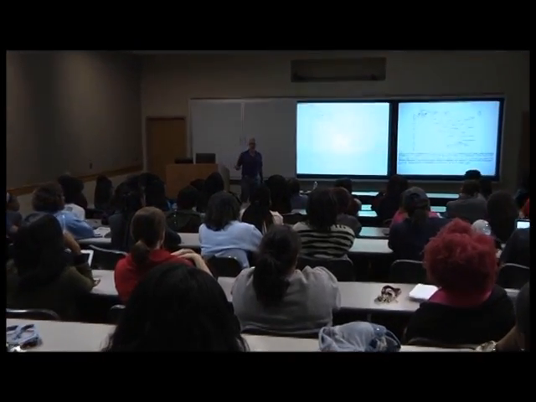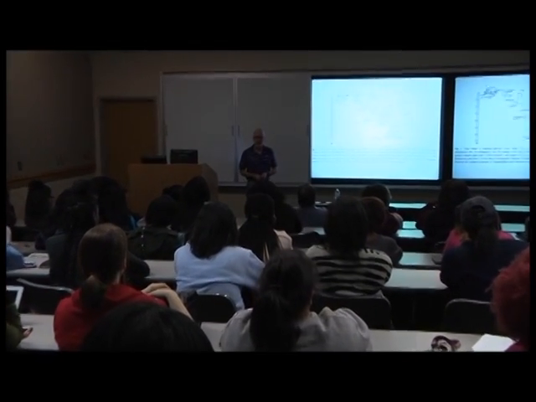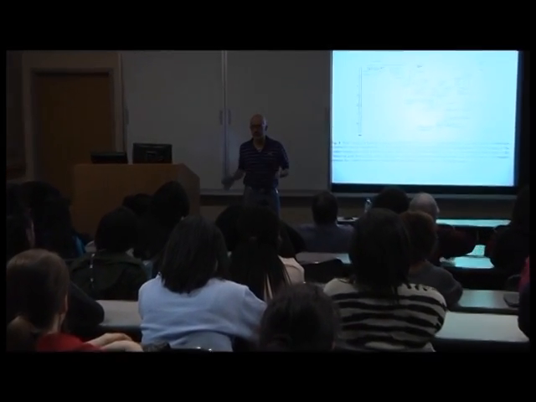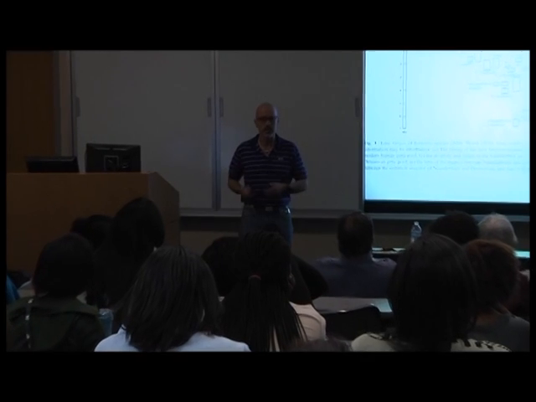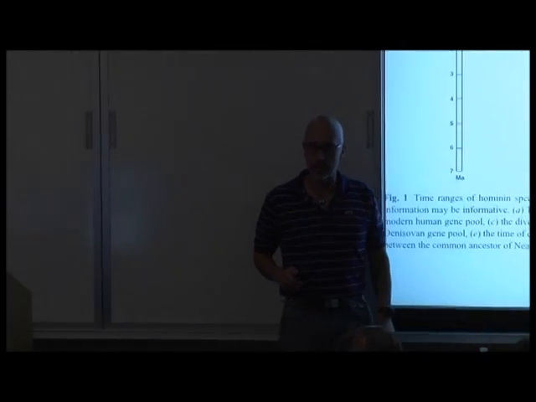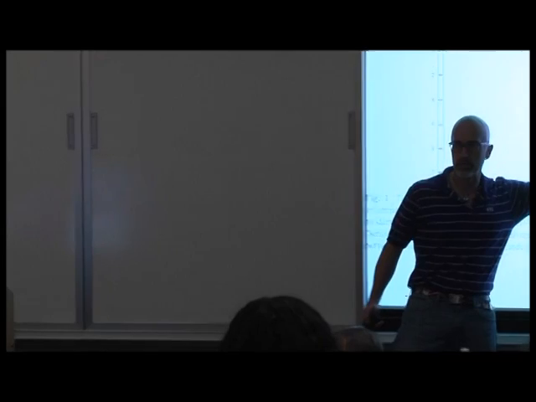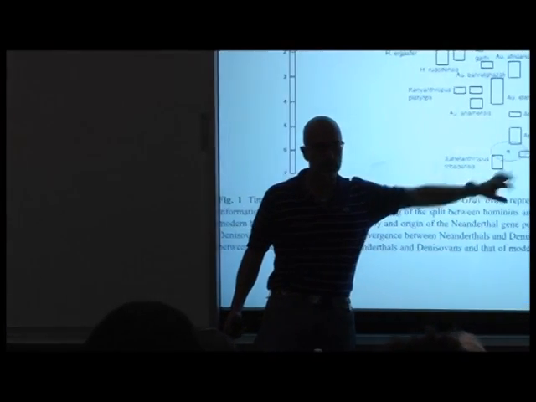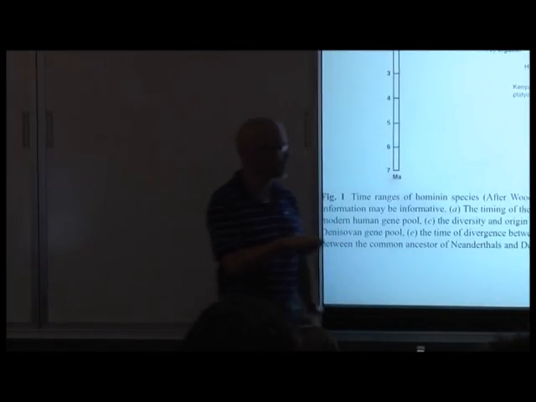So I specialize in molecular genetics, even though I've had paleontological fieldwork experience and anatomy and all of that stuff. But we can actually use genetics to answer several questions about the fossil record. I'm not going to talk about the origins of humans separating from chimps 6 million years ago or so.